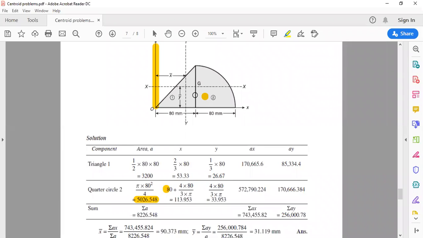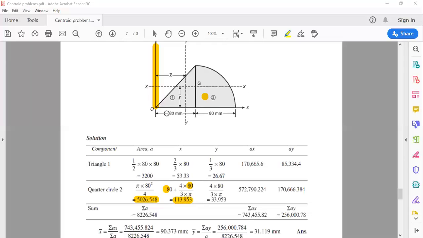We have already derived it. It is 4r by 3 pi. So distance between the face of the quadrant of a circle and the CG is 4r by 3 pi, where r is 80. So it is 80 plus 4r by 3 pi, which works out to be 113.953.